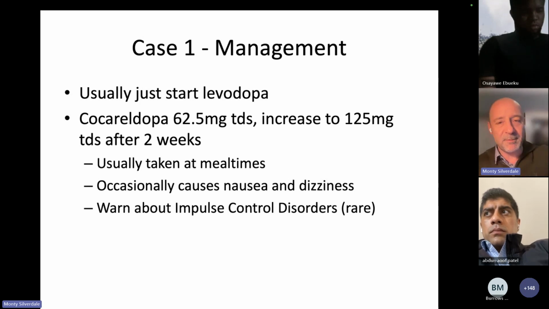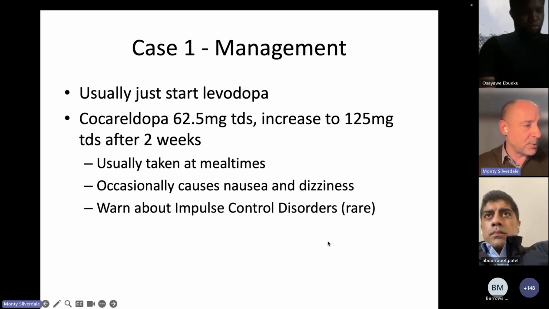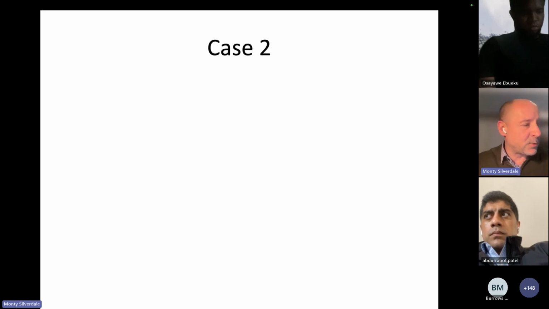And sometimes we just advise starting medication by letter even before we've seen them. So I don't think there's any problem starting medication if you're pretty sure about the diagnosis. So that's case one. That's just a simple case, what to do in the early stages of Parkinson's. And like I say, generally speaking, just start levodopa. And whether we do it or whether you do it is a moot point, but somebody to do it.